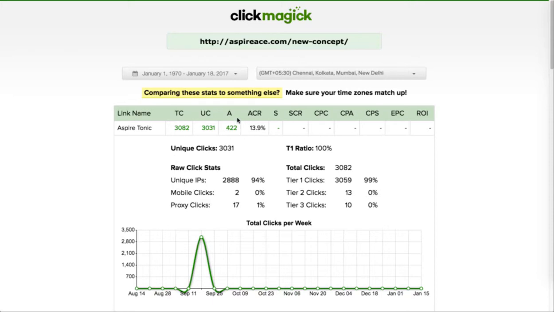He or she wants to be able to see how many clicks have been delivered, and that's going to be under unique clicks. And since you're handing out your ClickMagick link even to the person that you're buying traffic from, you would also want to know for yourself how many clicks have been sent to your ClickMagick link.